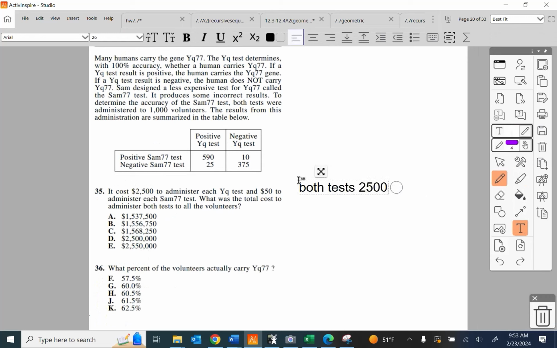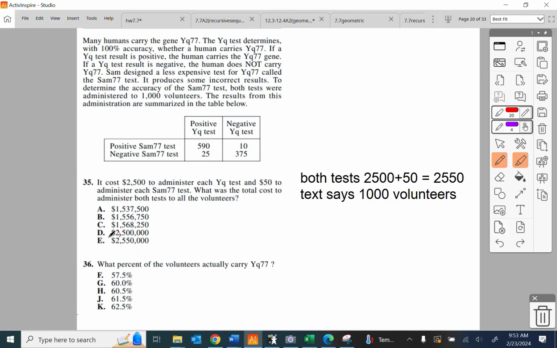It'll be 2,500 plus 50, so 2,550. The text says 1,000 volunteers. A lot of volunteers. Now, I'm not going to push any buttons on a calculator here, but it's got to be that one. See the 255? That's what it's got to be.